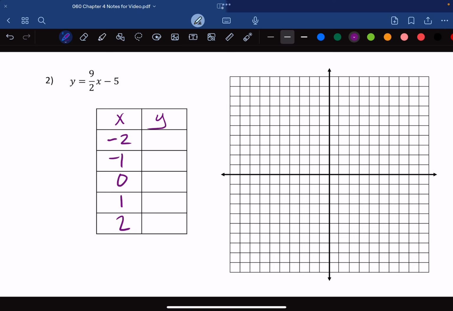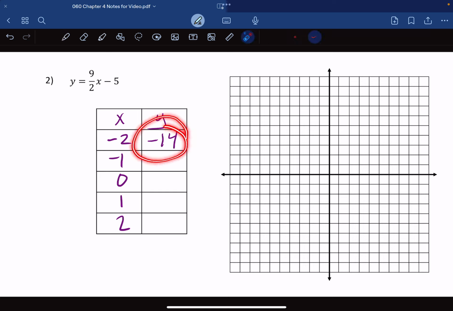we have a fraction, and I'm still starting in the center here with these numbers, and I will substitute in for x. So 9 halves times -2 will give me -9, and -9 minus 5 is -14.